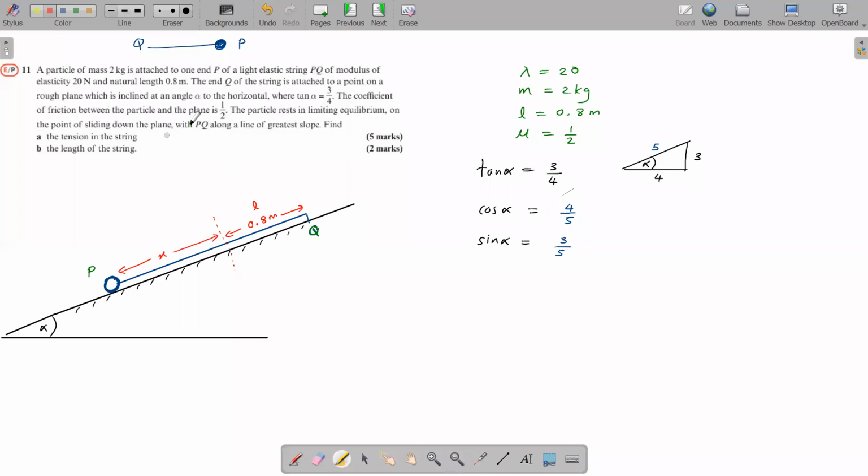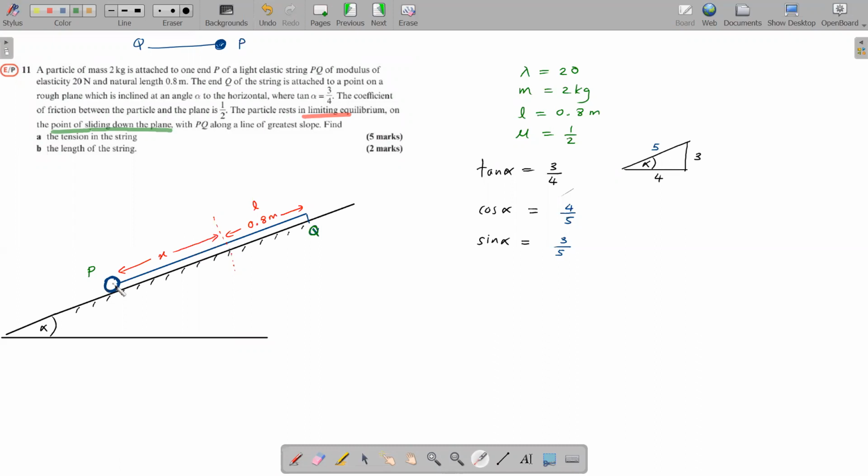Okay, so there are several things to consider here. The first one, it's in limiting equilibrium and it's on the point of sliding down the plane. If you remember M1, why do they give you this? This is given to you to identify the direction of friction. Because friction always opposes the direction that you're trying to move.